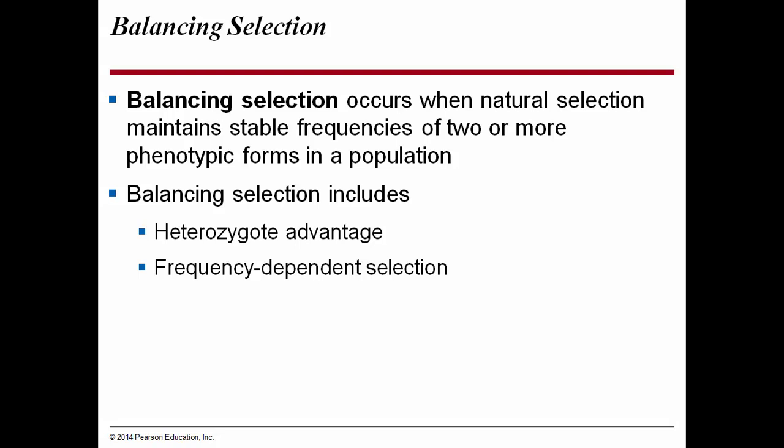Balancing selection occurs when natural selection maintains stable frequencies of two or more phenotypic forms in a population. Balancing selection includes heterozygote advantage and frequency-dependent selection.